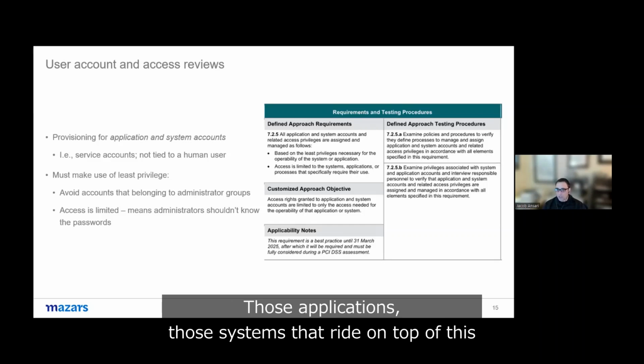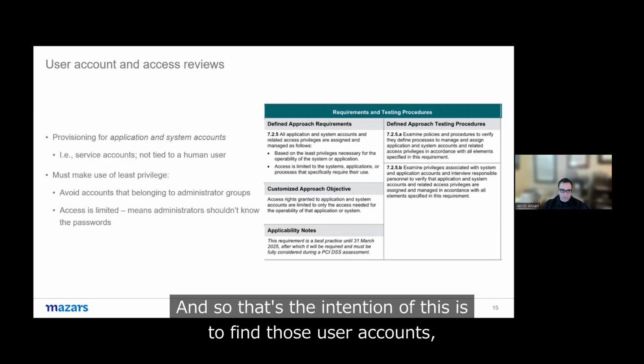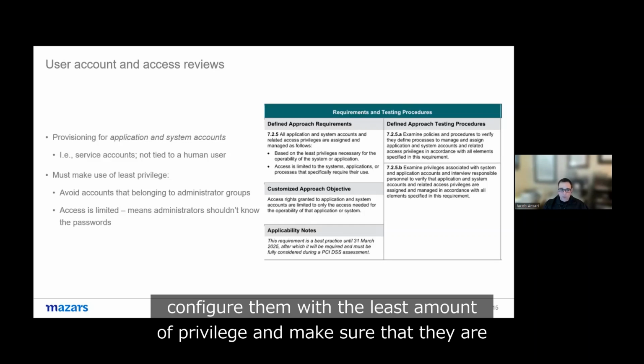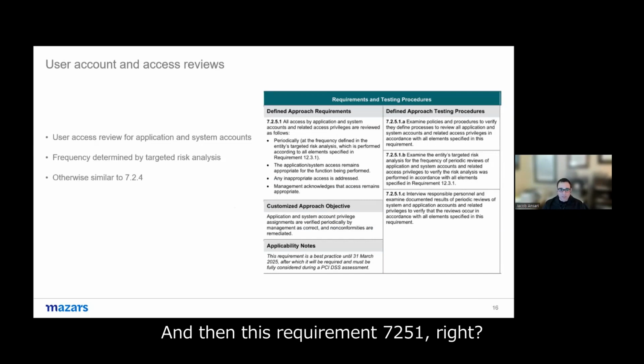Those applications, those systems that ride on top of this functionality need to be designed to use a lesser amount of privilege. And so that's the intention of this, is to find those user accounts, configure them with the least amount of privilege, and make sure that they are only accessible by those systems or processes that require their use.